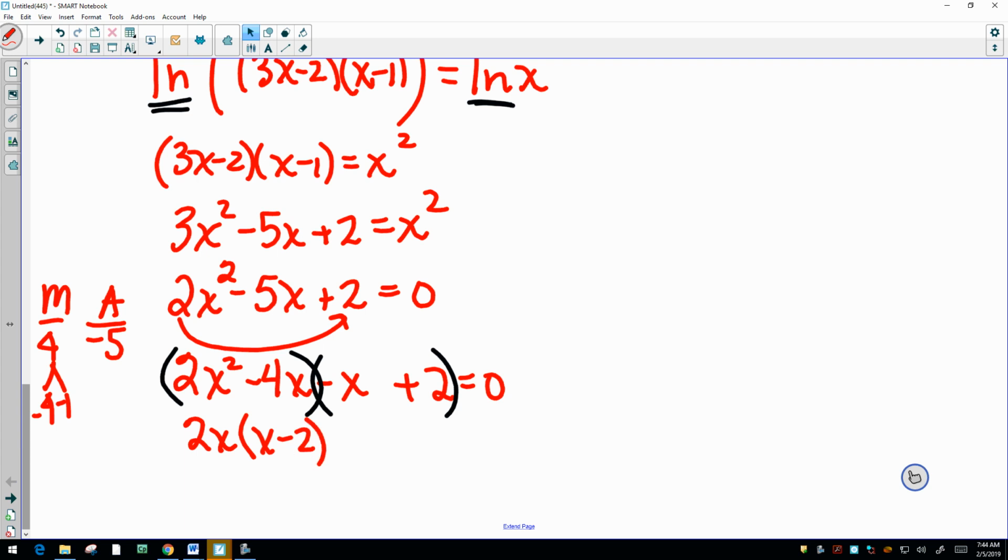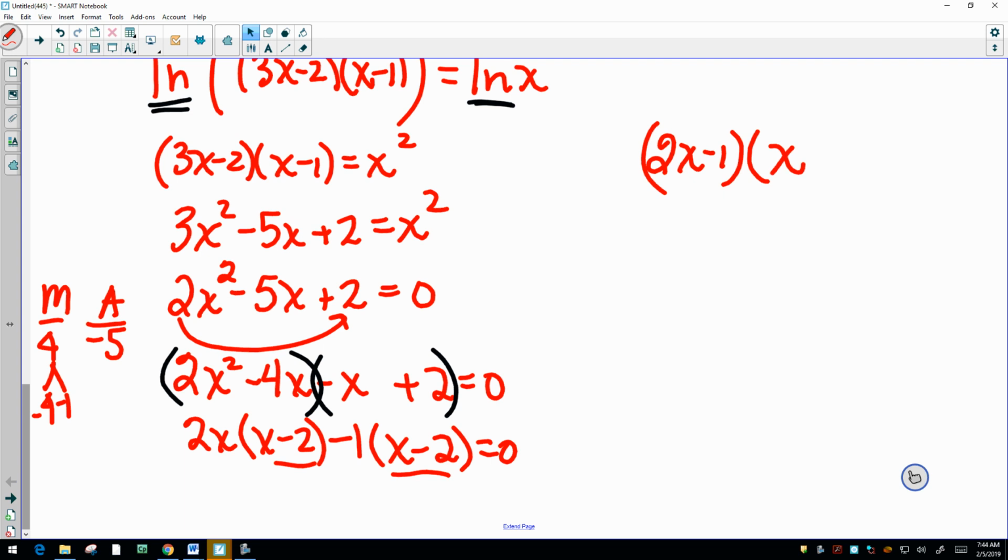Out of the second one, I can factor out a negative 1, and again, I'll be left with x minus 2. So keep in mind your hard trinomial factoring, you want to see that repeated factor. So if we were to regroup this now, I have 2x minus 1, and I have x minus 2. And if we solve, we're going to see x is equal to 1/2, or we're going to have x is equal to 2.